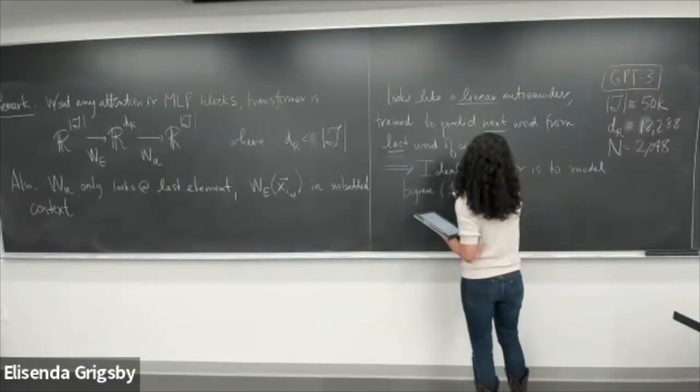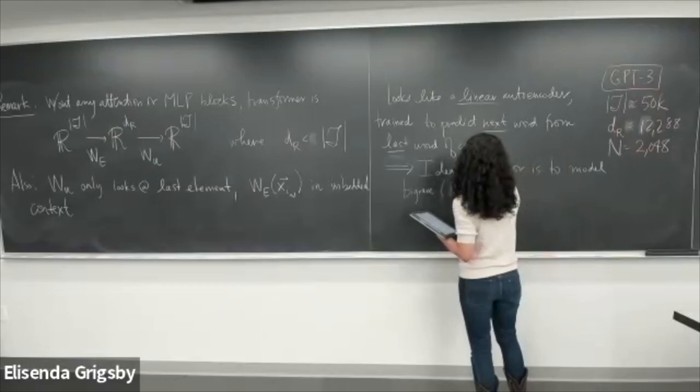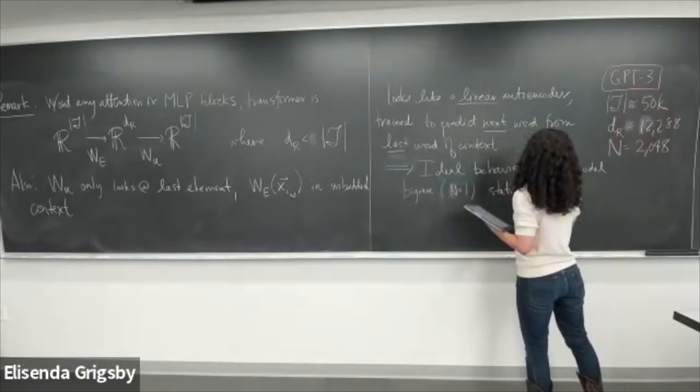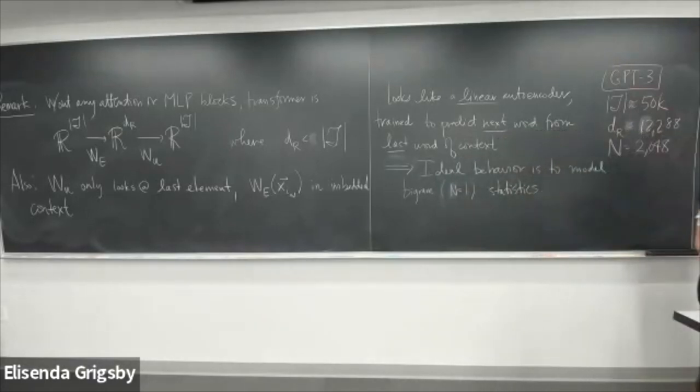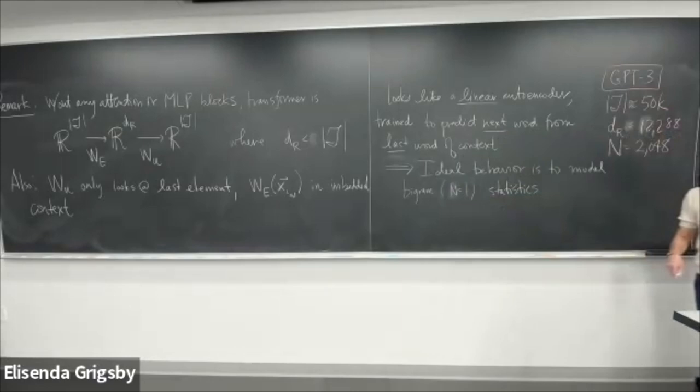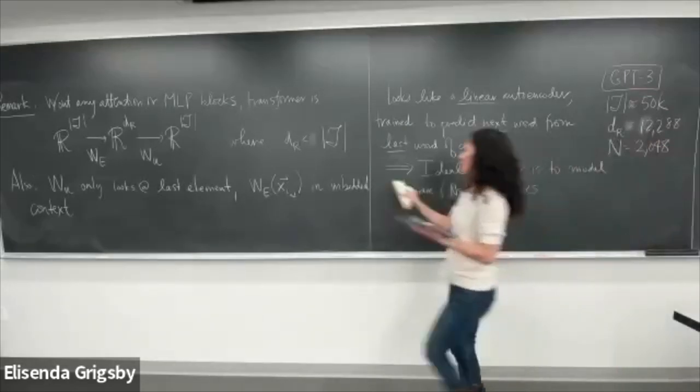I guess n equals 1. So the probability distribution that you would want such an attention-free, MLP-free transformer to model is the probabilities of the next word for 2-word sequences.